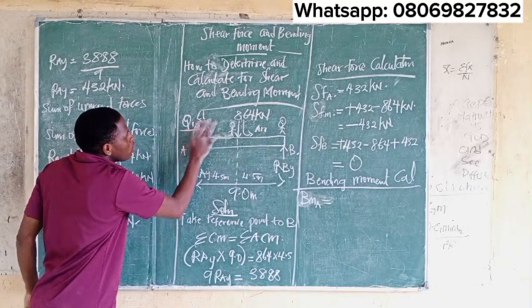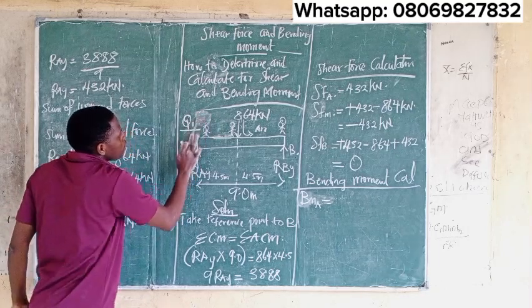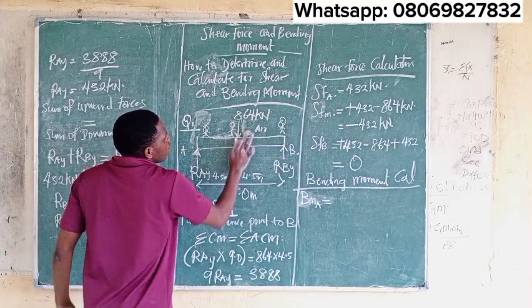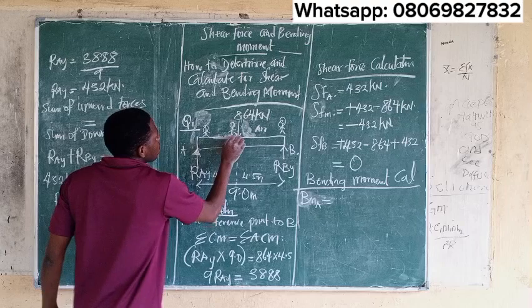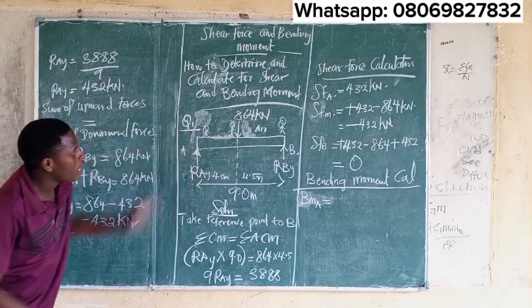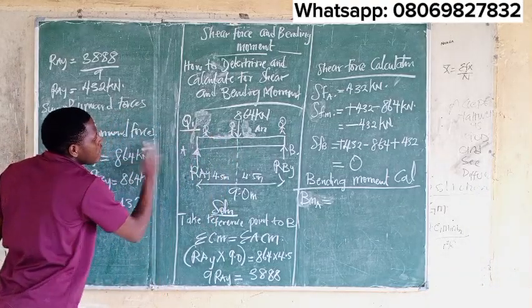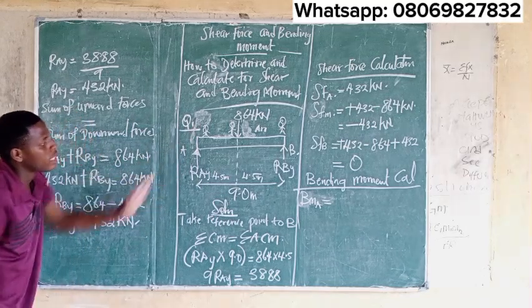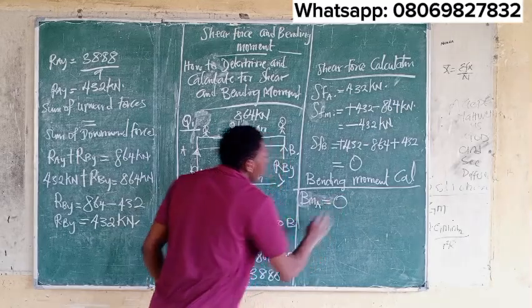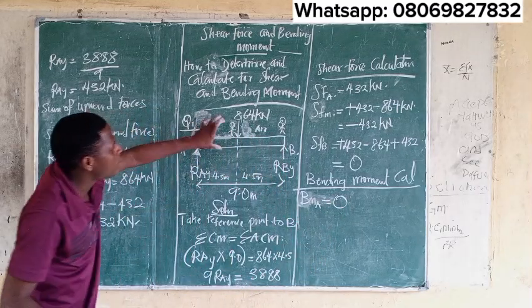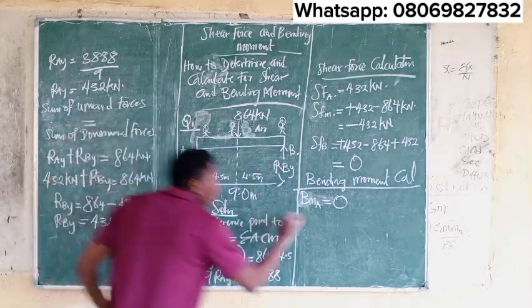Now let's remove this one. Let's also remove this, because we've gotten the reaction we wanted to get. Now look at your diagram. You are standing here. What is the force you are seeing here? There is no force at this other side. So your bending moment at point A is always what? 0.